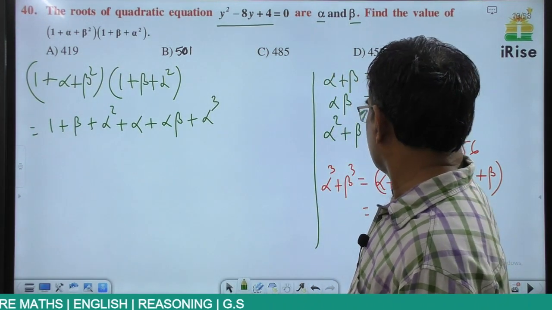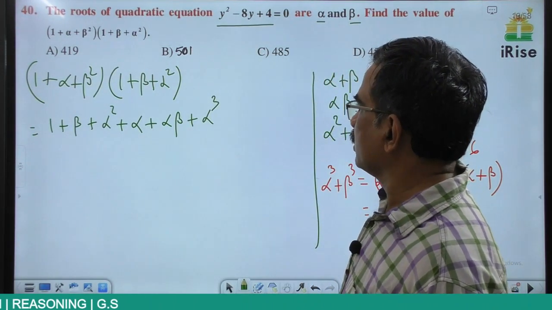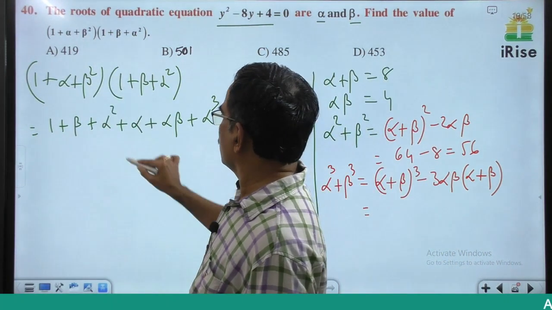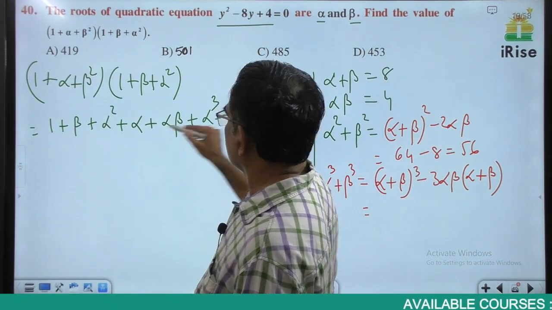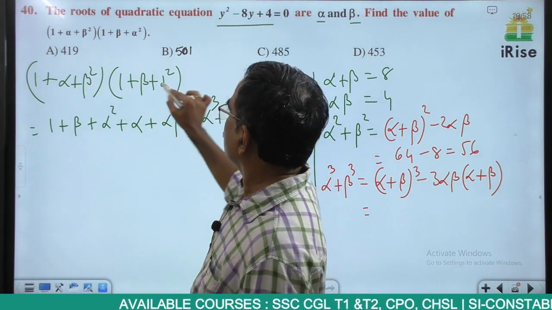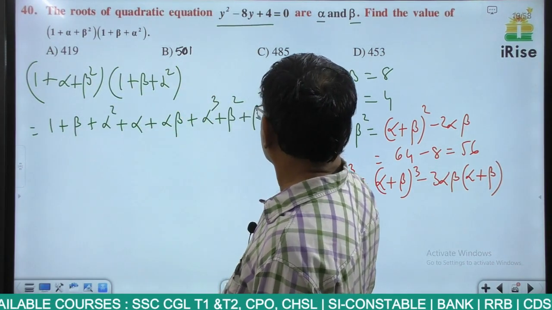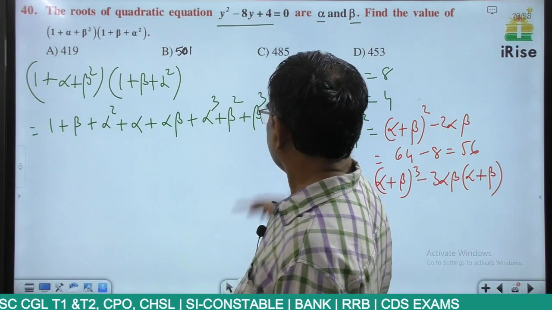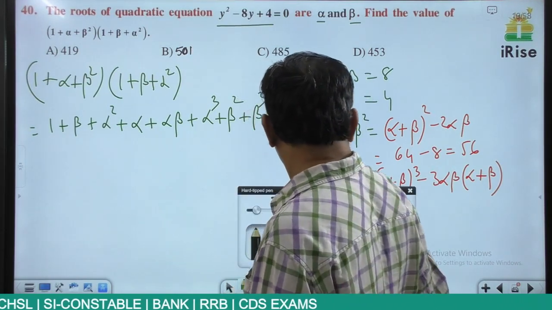Okay, alpha cube is also necessary. Okay, I will find later. Beta square into 1 beta square, beta square into beta is beta cube, plus beta square into alpha square is nothing but (alpha beta) whole square. I want to write in order.